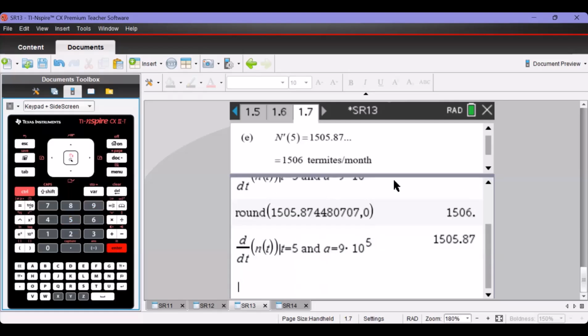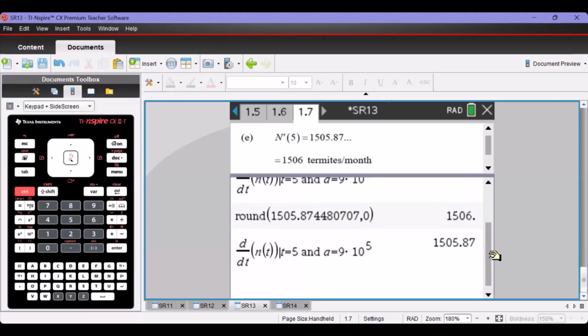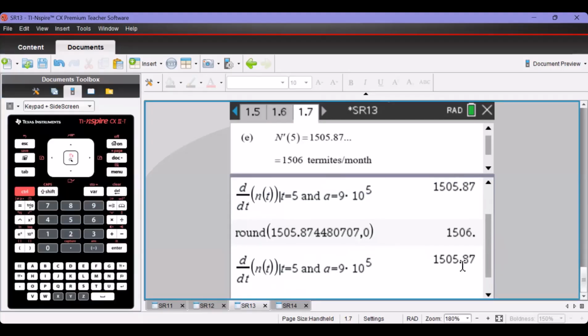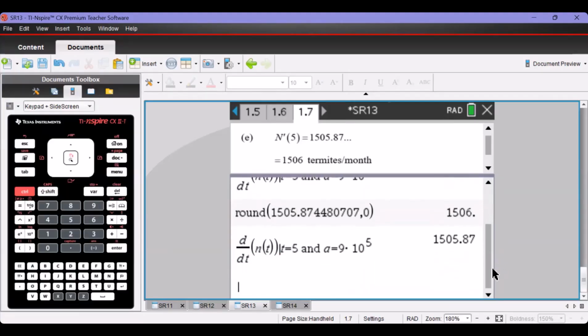So that's how you enter that into TI-Nspire. You should be able to see that to the nearest number of termites, it's 1506. But just in case, and this is a good illustration for other questions where you've got to round or give answers to a particular number of decimal places, TI-Nspire has a round command. I'll show you how to find the round command and how to enter this entry line.